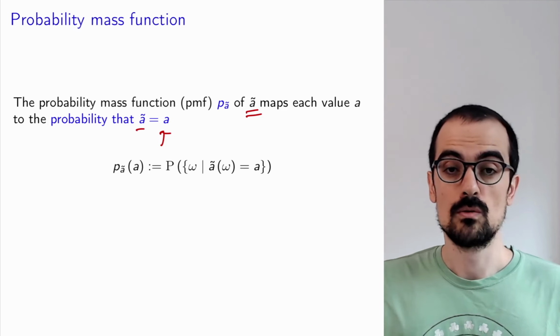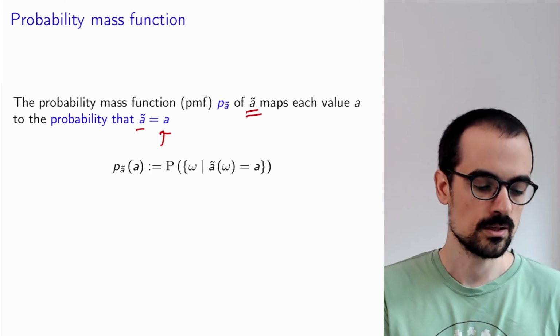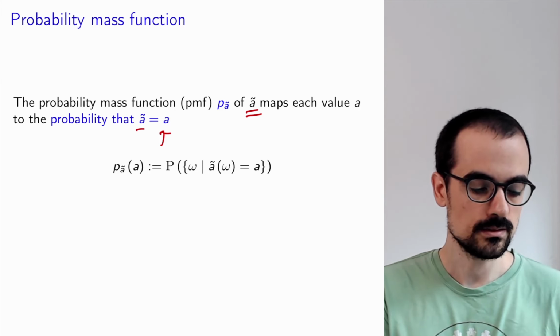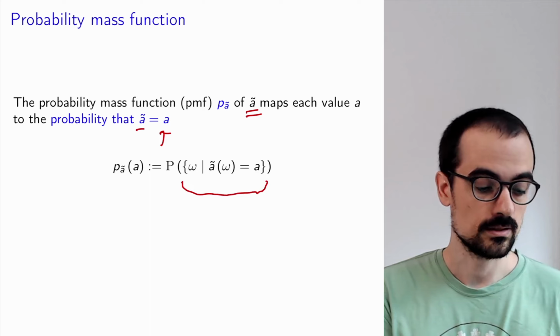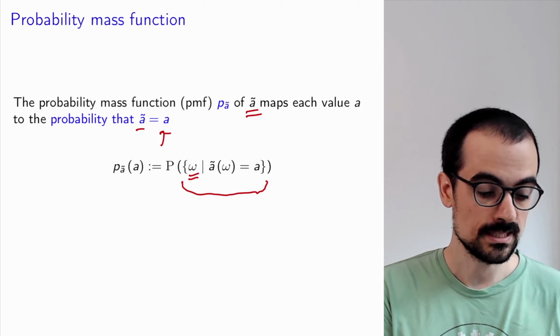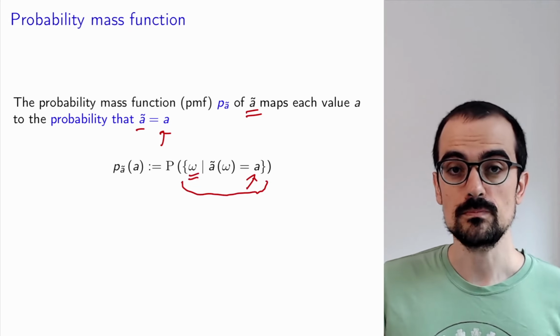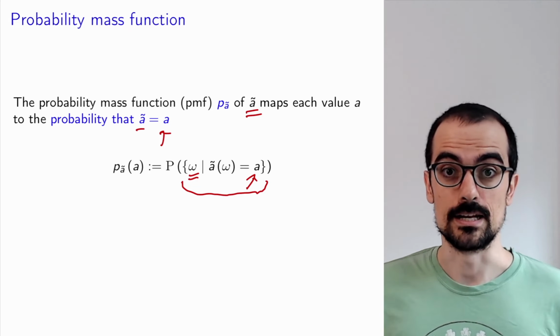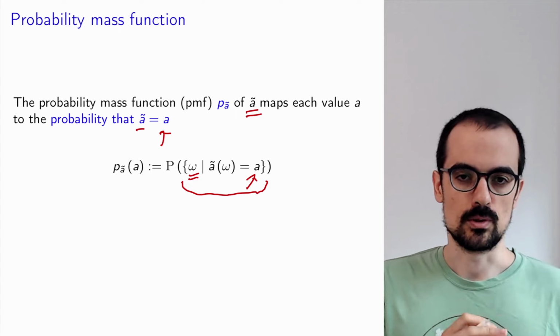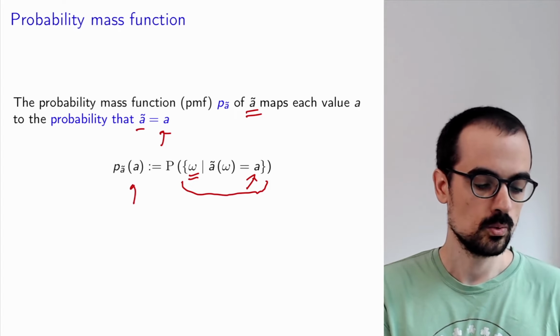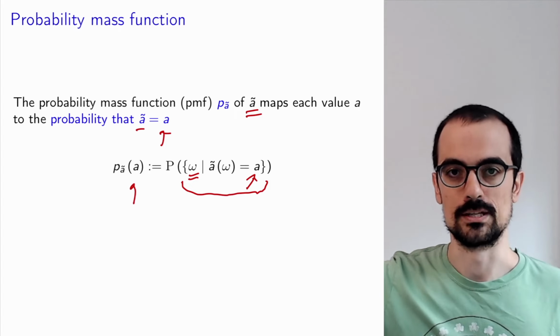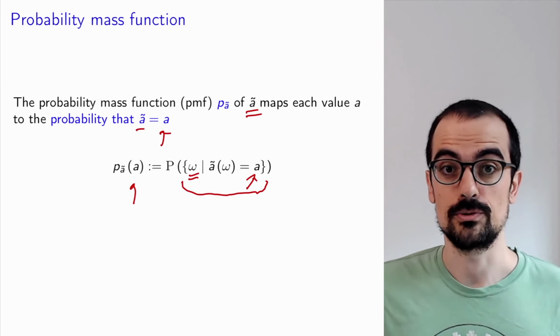Formally, it tells us what is the probability of this event, which is all the outcomes that map to that particular value. So in the case of the roll, the probability at 1 would be all the outcomes that map to 1, so all the vectors whose first entry is 1.